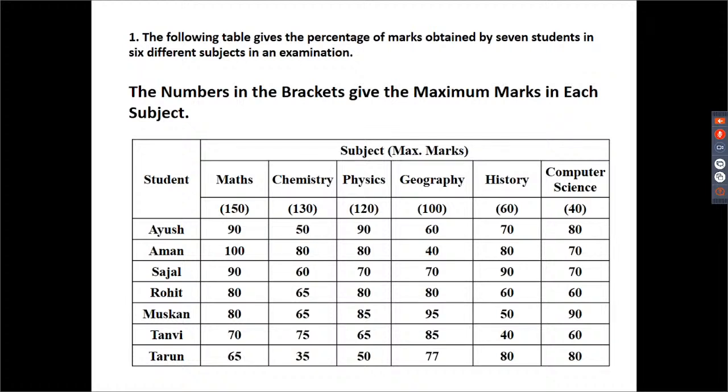Okay. So if you observe clearly, Sajal has 90% in mathematics, 60% in chemistry, 70% in physics, 70% in geography, 90% in history, and 70% in computer science. Yes, Sajal is one student and Rohit is also getting 60% or above in all the subjects. So total how many students are there?